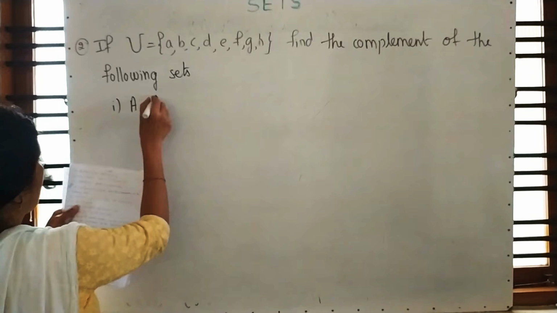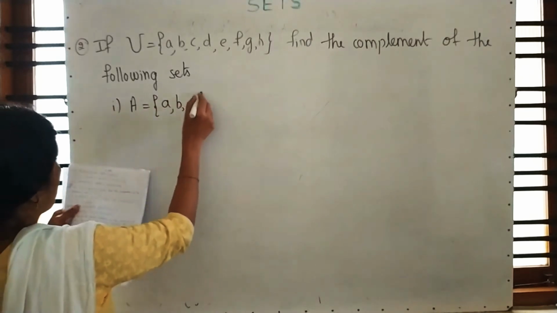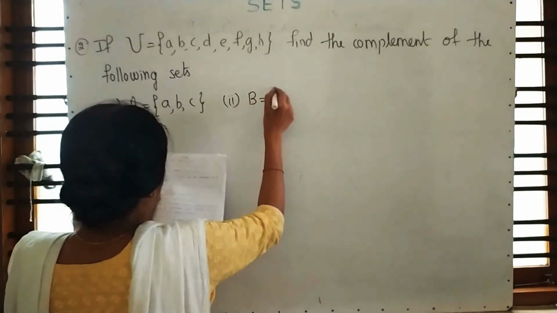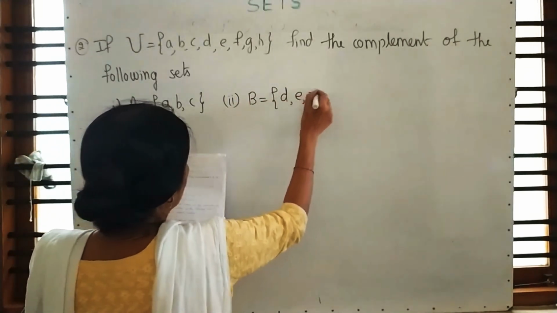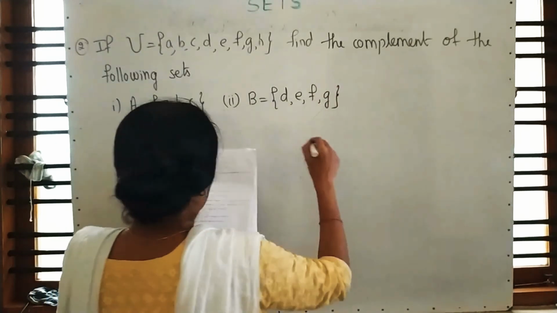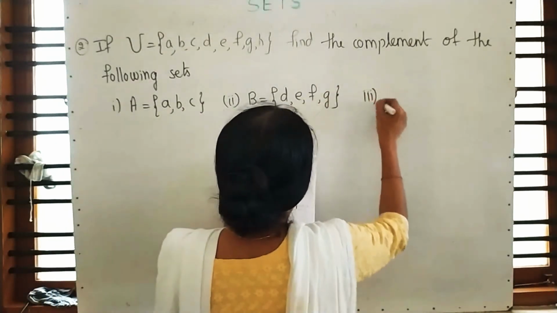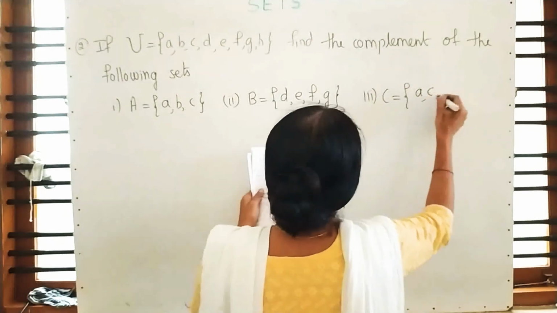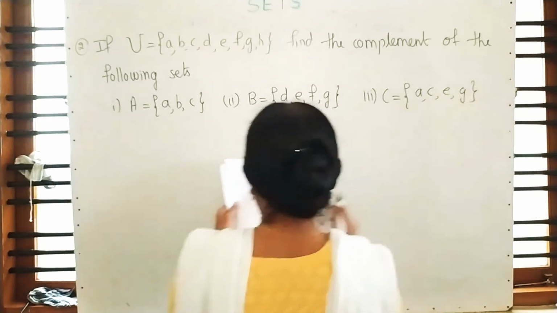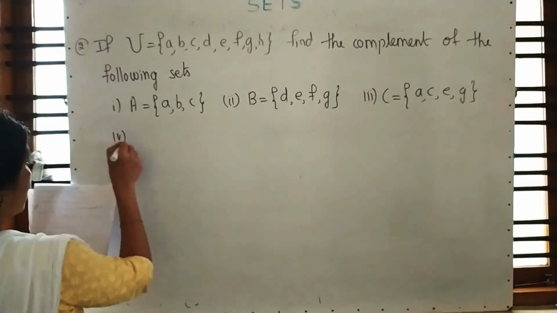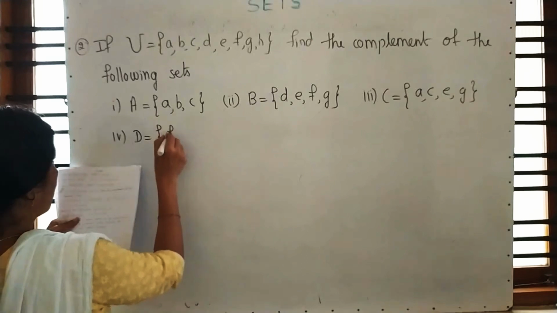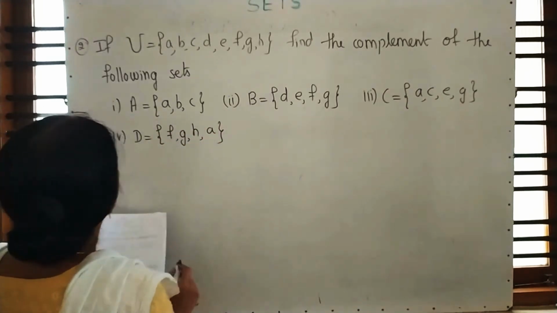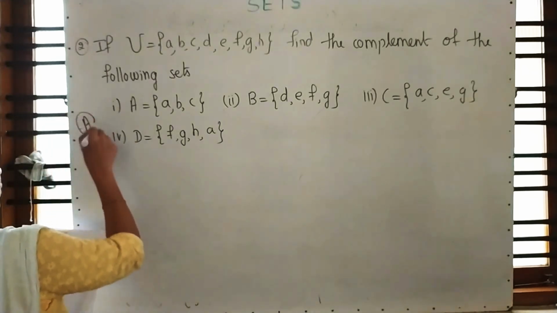First one, set A is A, B, C. Second one, set B is D, E, F, G. Third one, set C is A, C, E, G. Fourth, set D is F, G, H, A. So compare these with the universal set and write down these as a homework question.